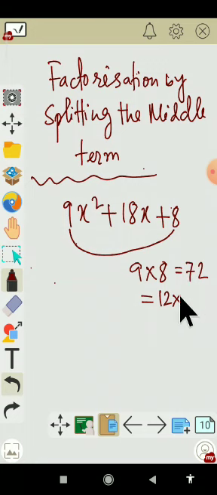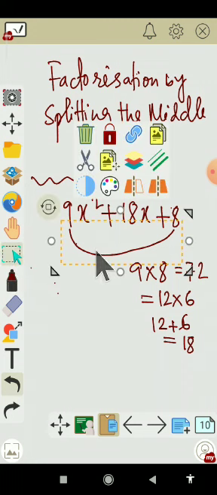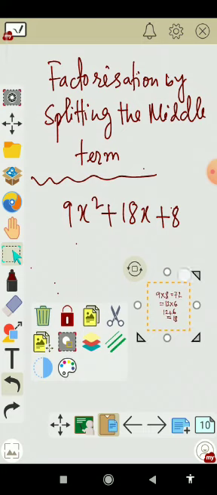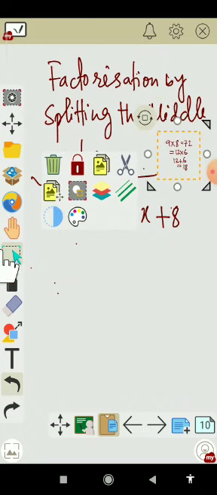Now write 72 as a multiplication of two numbers, and their addition should also give the middle term. So 12 into 6, and this middle term we have to divide as 12 plus 6. So this one is the rough work.